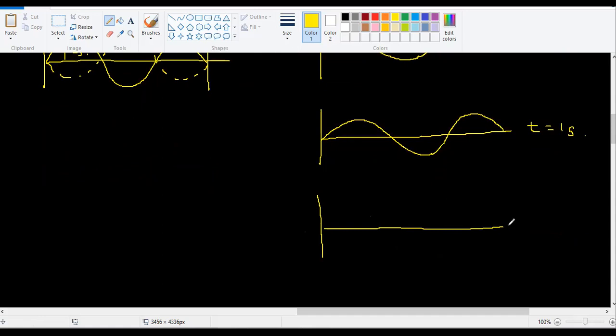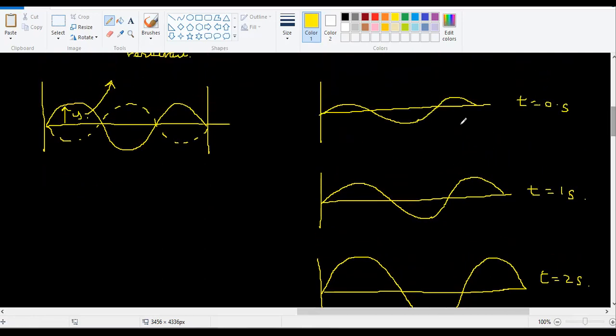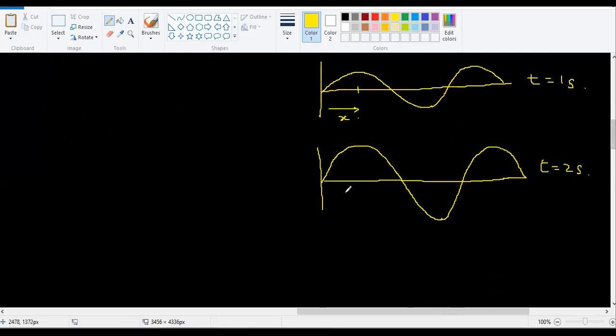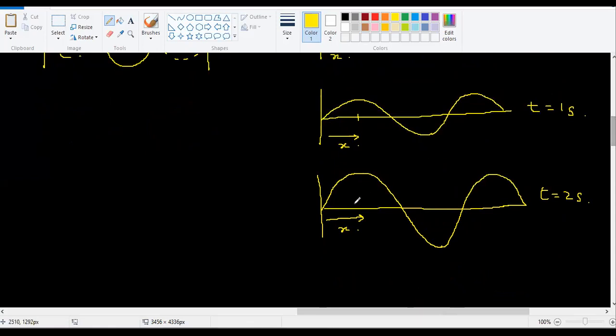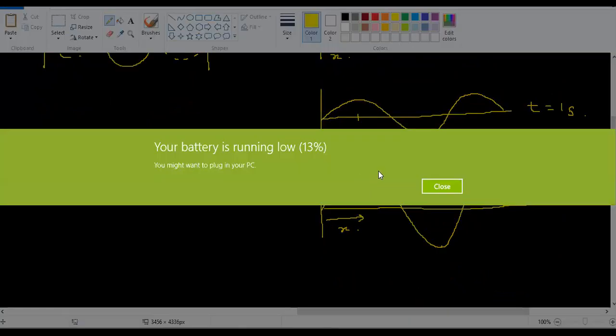When time t is equal to 2 seconds, let's say the wave was like this. So that means, if I take a particular location here, particular x here, the amplitude for the displacement keeps changing, but the amplitude for a given location is not going to change. Why? Because for this particular location, this is the maximum.